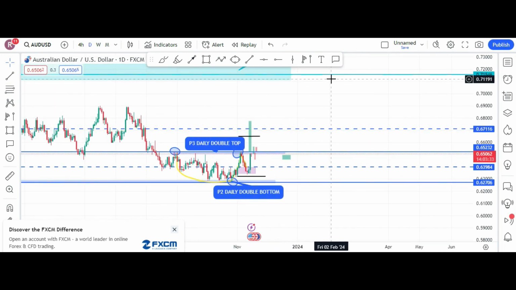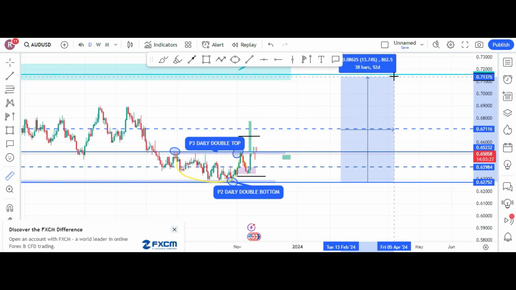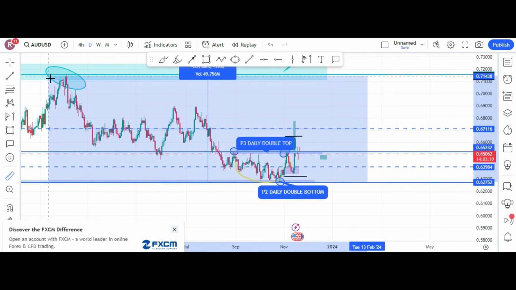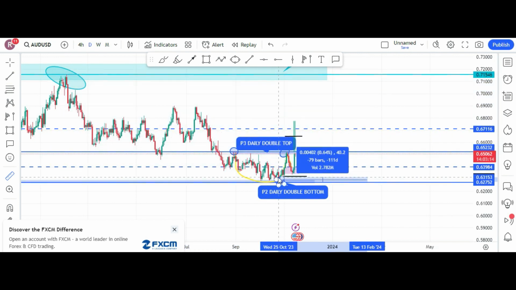This is the half of it, and it's a very powerful line. Don't forget it, okay? If we measure it from here to here, you can see this is the half of the full range. Now from where the double top started, this top was responsible for this bottom.